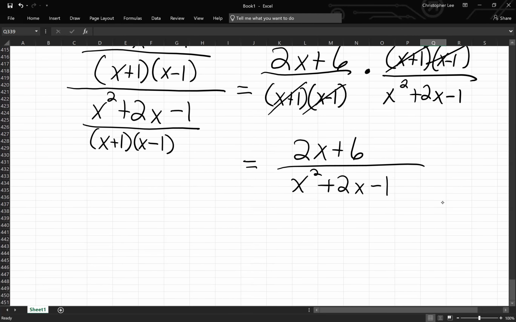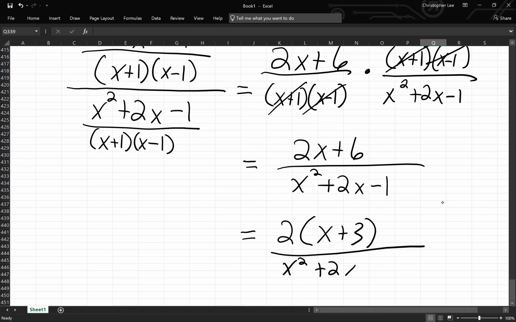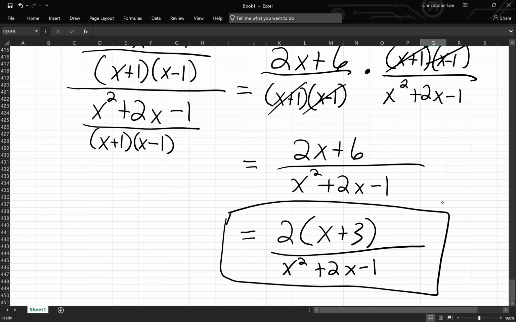You can't factor the 2x because they're being added, that's not the same thing. But I would like to see a greatest common factor in the numerator: factor out a 2, leaving x plus 3 up top over the x squared plus 2x minus 1. And then you could leave the answer like this. That would be the simplest.